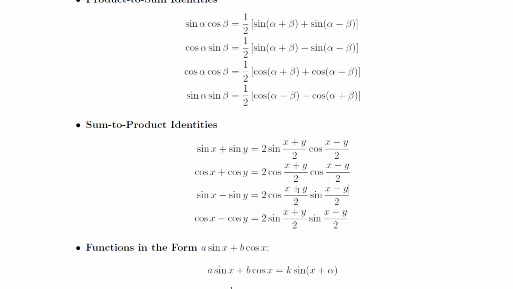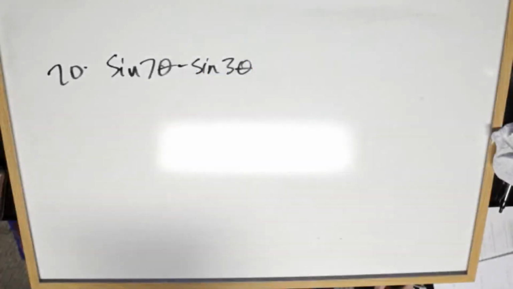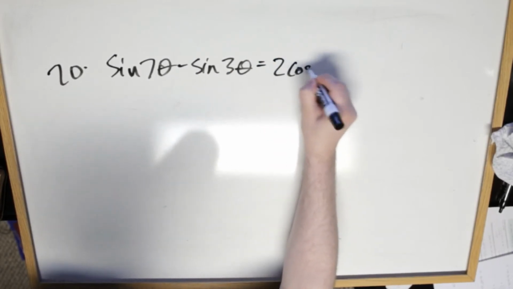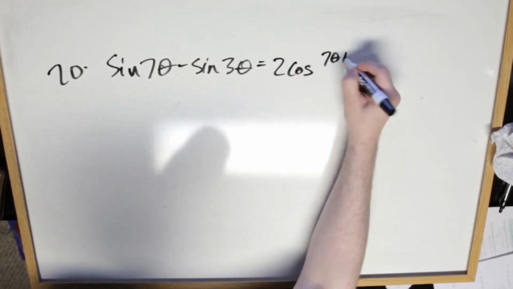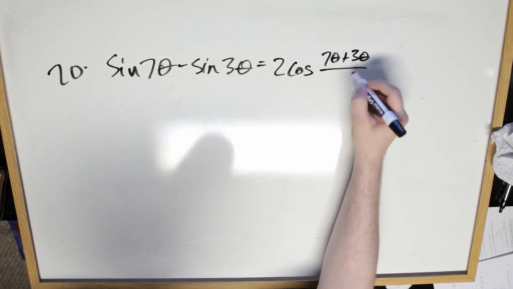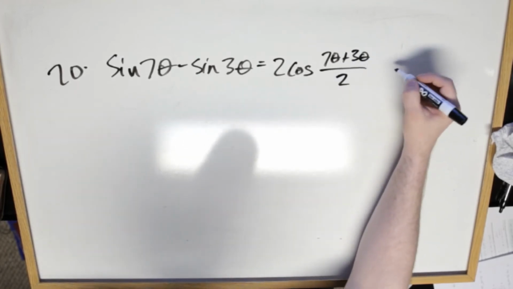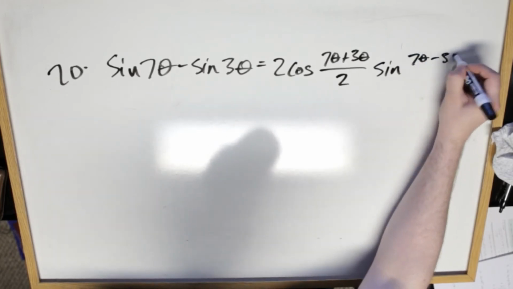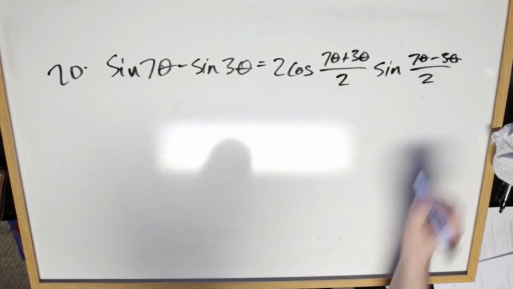So 2 cosine x plus y times sine x minus y. So what we got is 2 cosine 7 theta plus 3 theta all over 2 and sine 7 theta minus 3 theta all over 2.